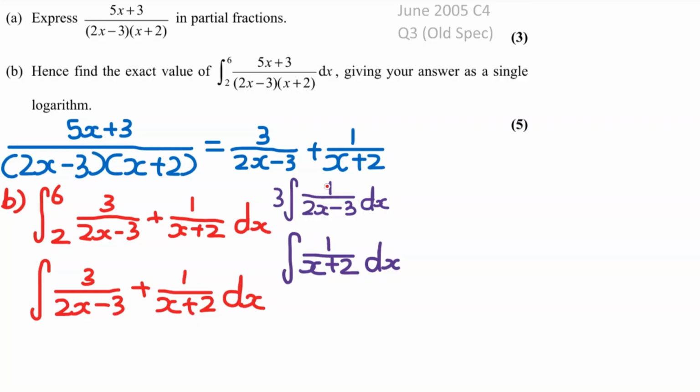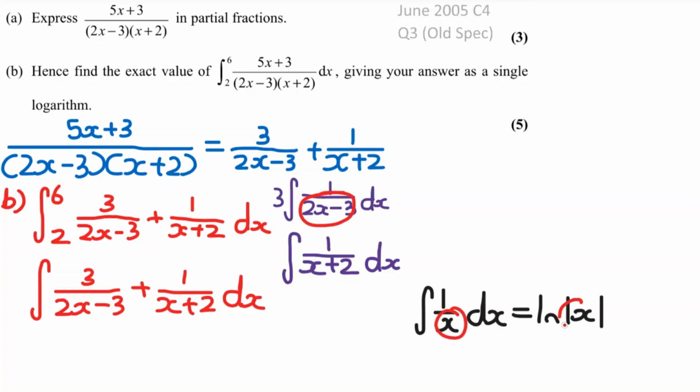But essentially this 1 over 2x minus 3 is of the form 1 over x, and we talked about that when you integrate 1 over x it is equal to the natural log of the modulus of x. So therefore, to integrate this 1 over 2x minus 3, we're going to replace this x here in the natural log of the modulus of x with this 2x minus 3. So it becomes the natural log of the modulus of this 2x minus 3.